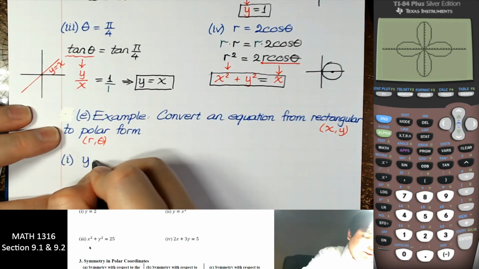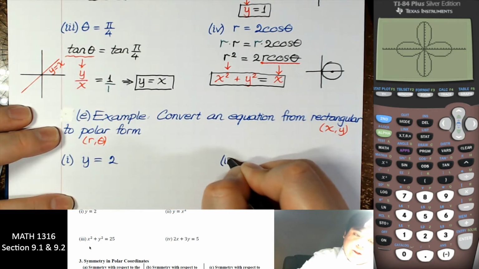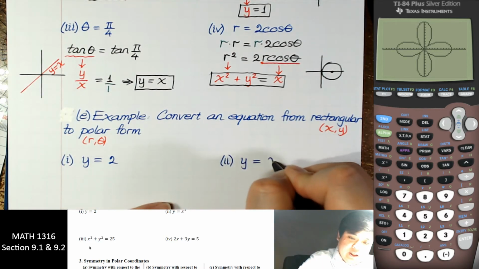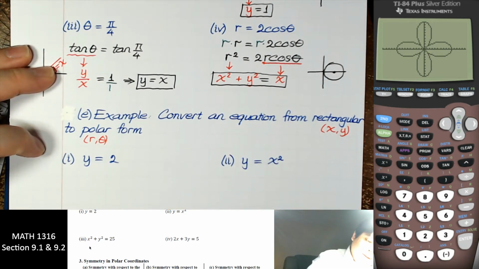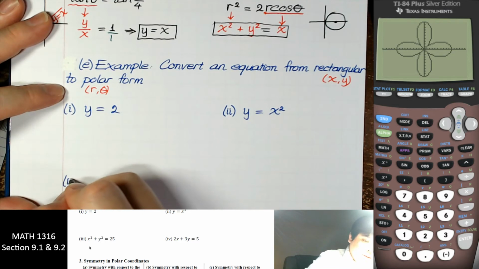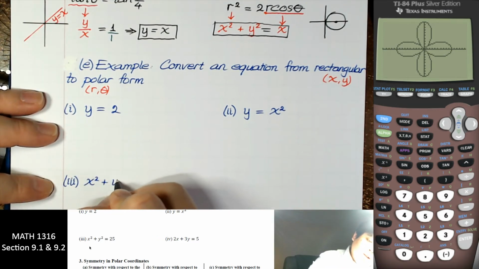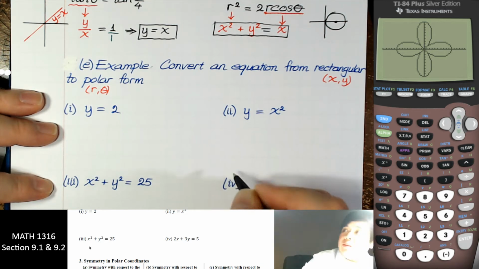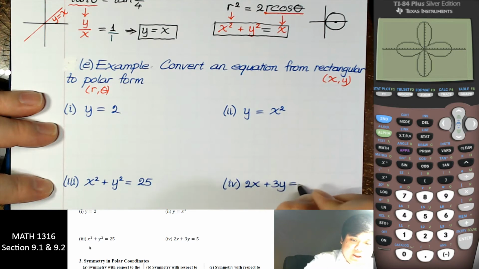y equal to 2. y equal to x squared. x squared plus y squared equal to 25. 2x plus 3y equal to 5.